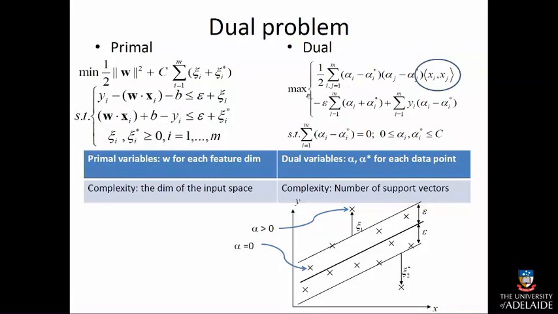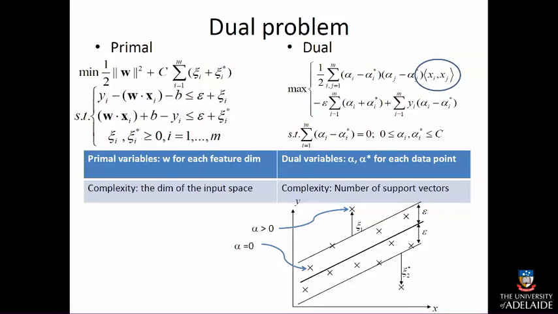In the dual problem, you can see that the input feature x only appears in the form of an inner product, the pairwise inner product xi xj. And we can just replace this inner product with a nonlinear kernel function. And in most cases, we can just use the so-called Gaussian kernel.